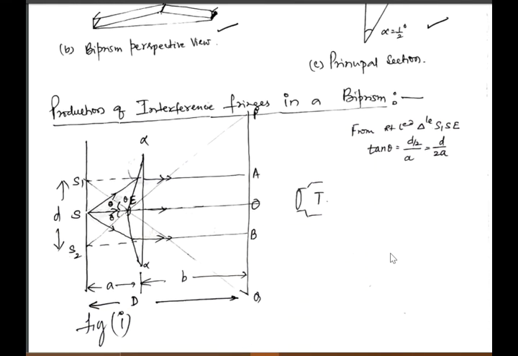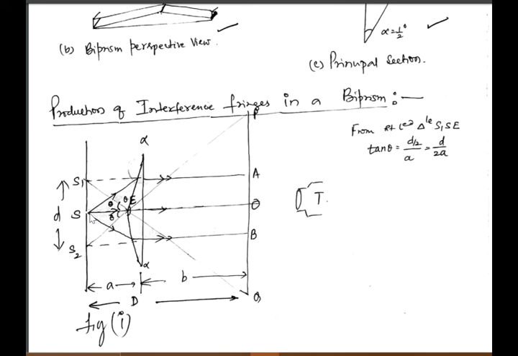Now this diagram explains how the biprism gives rise to two coherent sources to study interference by the division of wavefront. Look at the figure. S is a narrow slit illuminated by a monochromatic source of light.